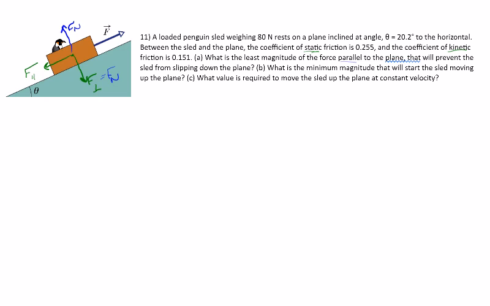What's the least magnitude of the force parallel to the plane that will prevent the sled from slipping down the plane? So the least magnitude of the force parallel to the plane would be applying a force that would balance out the parallel force. So the idea of this particular problem is if I could apply this force over here, right there, to balance out my parallel force, then it would keep it from sliding.